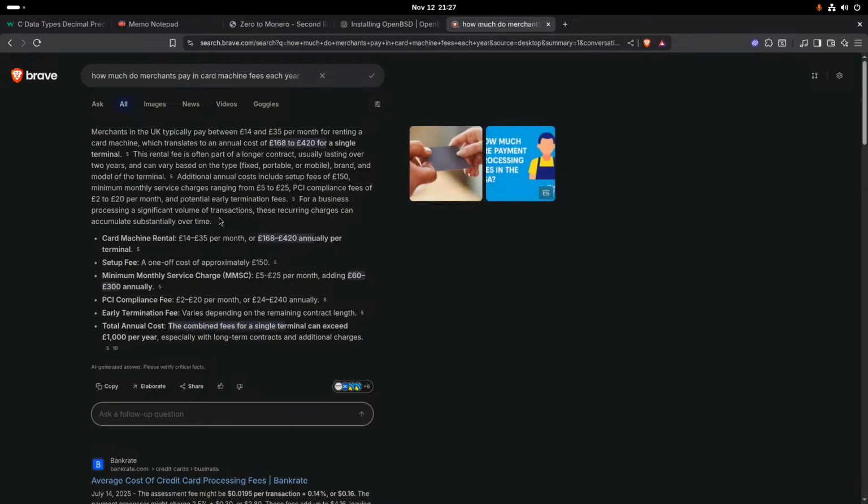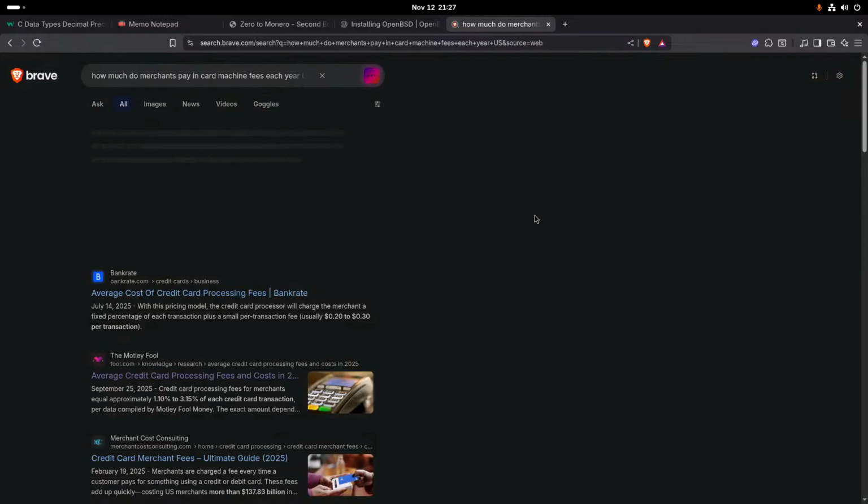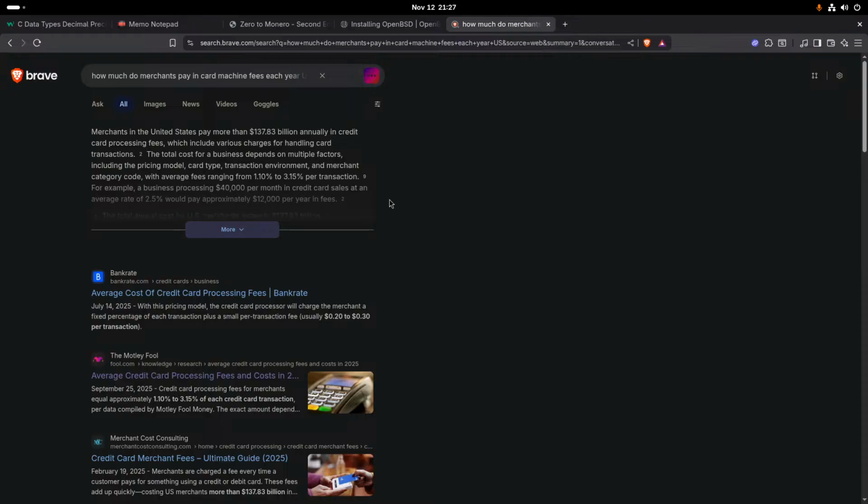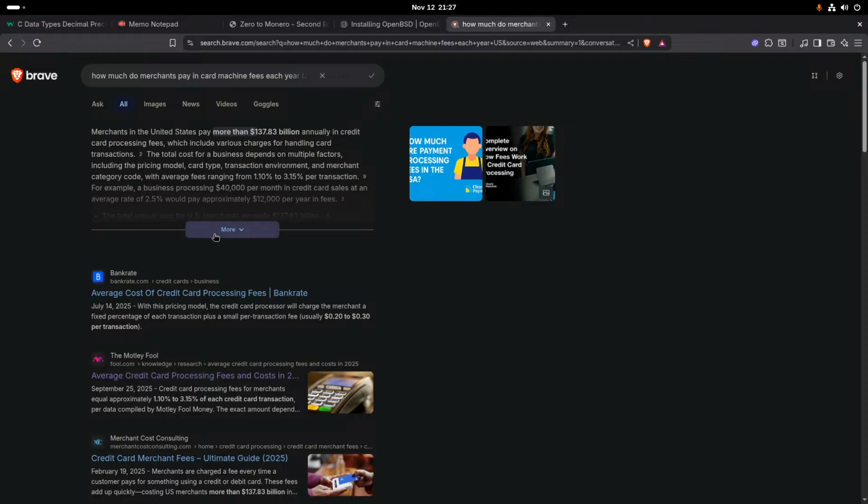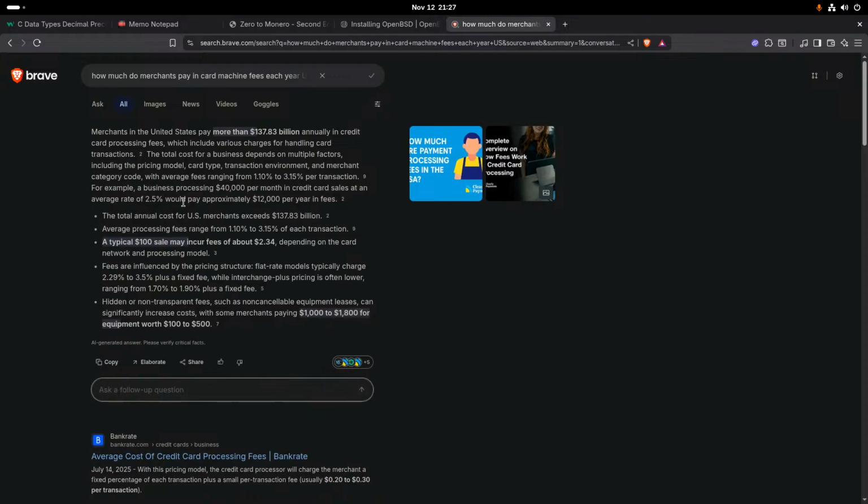Merchants in the UK, I don't give a fuck about the UK merchants. USA. Merchants in the US pay more, with fees ranging from, for example, a business processing $40,000 per month in credit card sales at an average rate of 2.0 would pay $12,000 per year in fees.